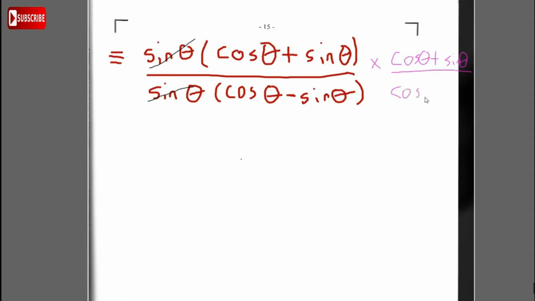When you multiply the numerator by cos theta plus sine theta, you notice that it's going to be a square in the numerator and the difference of 2 squares in the denominator. So it's a perfect square in the numerator. It's going to become cos theta times cos theta, which is cos square theta. And then cos theta times sine theta is sine theta cos theta, and sine theta times cos theta is sine theta cos theta, so that is just plus 2 sine theta cos theta.